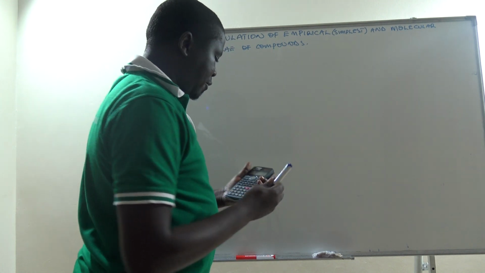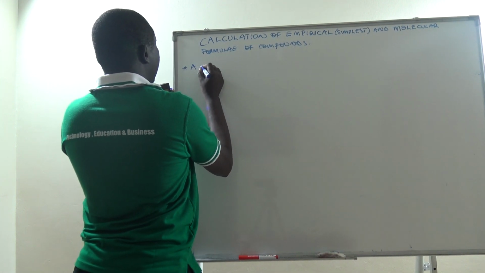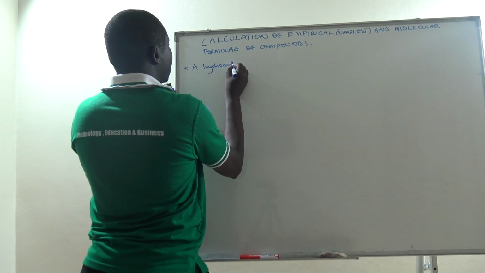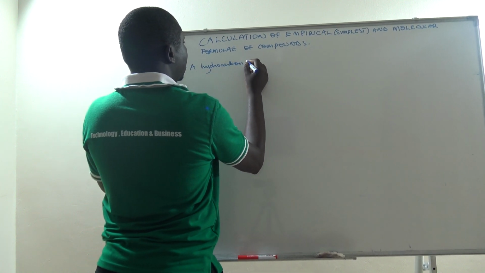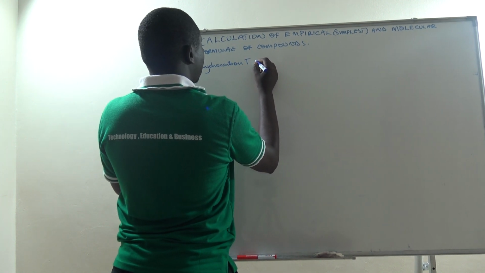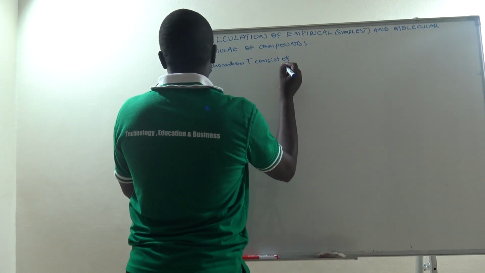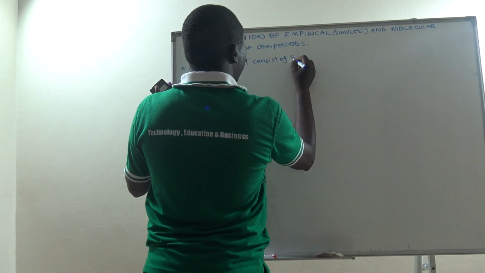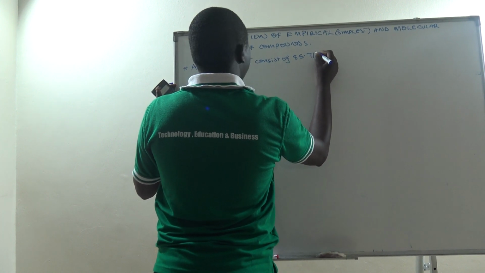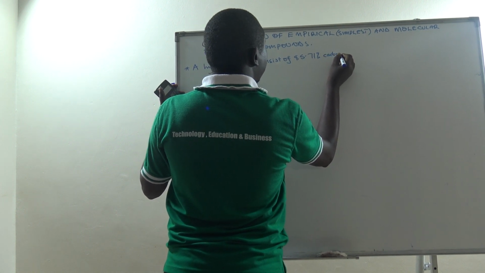Let's look at this example here. A hydrocarbon T consists of 85.71% carbon.